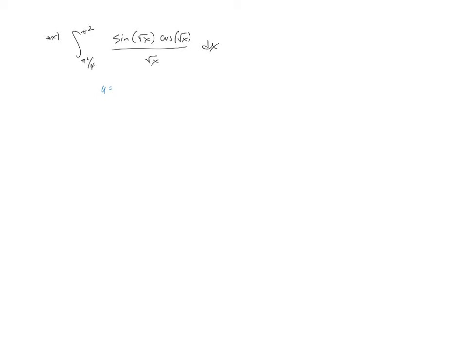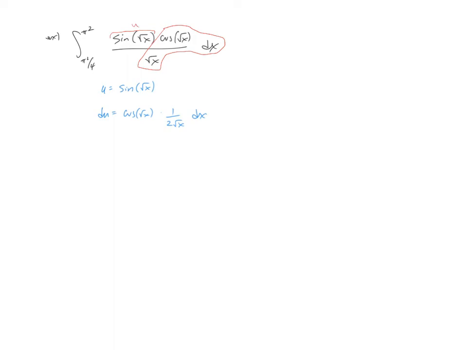So it looks like in this case, if we let u equal sine of root x, then the du would be cosine root x back times the derivative of the inside dx. So now you're ready to make your decision on what you want to move over here and what you want to leave over here. Well, it looks to me like we've got this guy here as our entire u, therefore everything else has to be replaced.